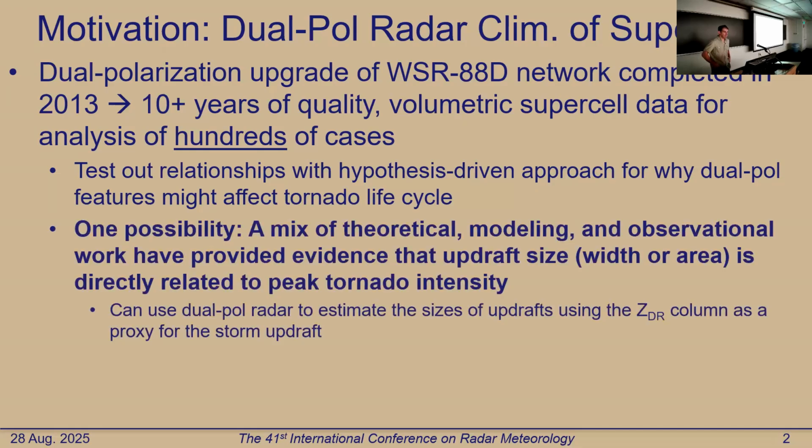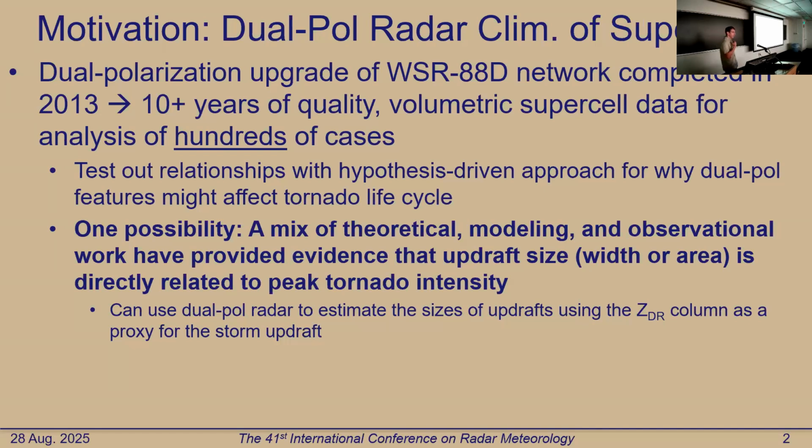And so we've been looking at ways to use dual pole radar data to identify storms that may be more likely to produce tornadoes. One thing that's come out of work over the past about 5 or 7 years is this idea that the sizes of updrafts, which are just organized areas of rising air in supercells, their physical size or area is directly related to how strong a tornado can get.